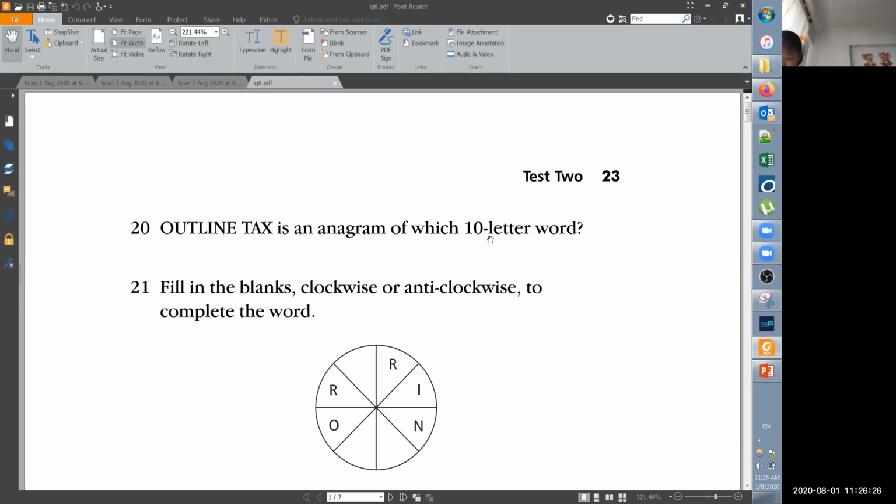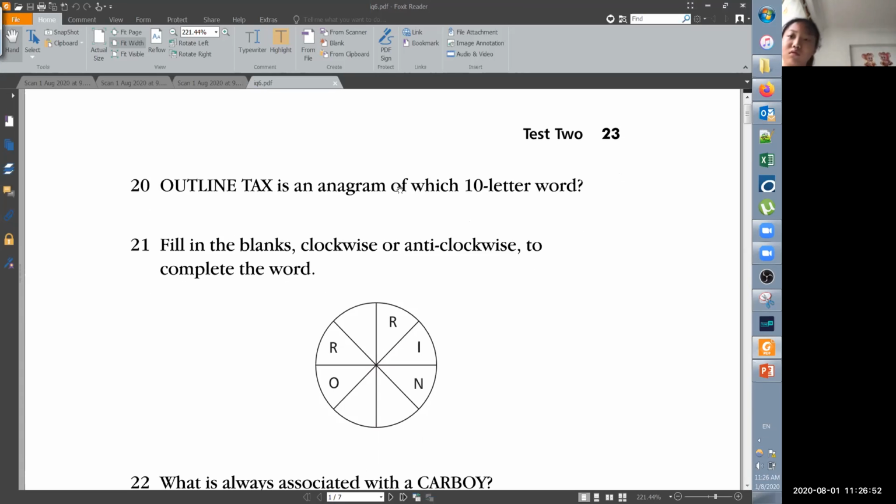Test 2, we should be looking at 20 first. Oh, by the way, 20 we don't do it because it's English. Okay, let's look at 21.